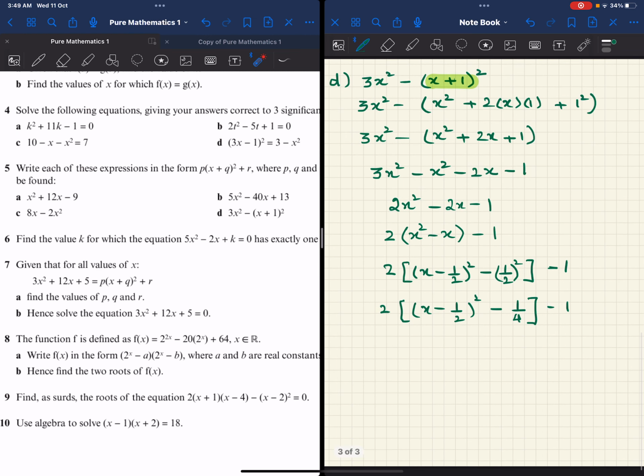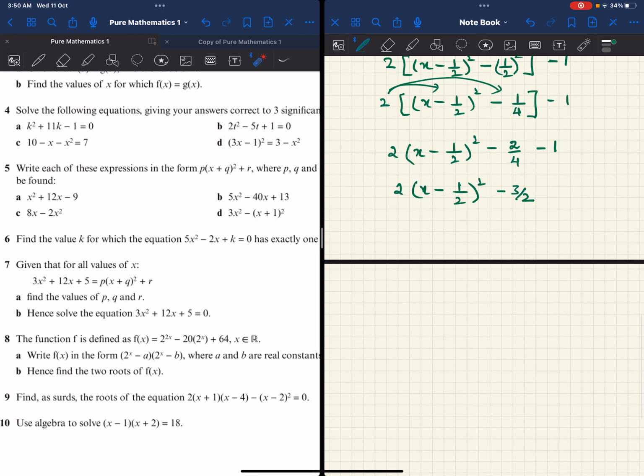Then we multiply the 2 with the bracket. So 2(x − ½)² − 2/4 and then −1. This gives us 2(x − ½)², and half minus 1 is minus 3/2.